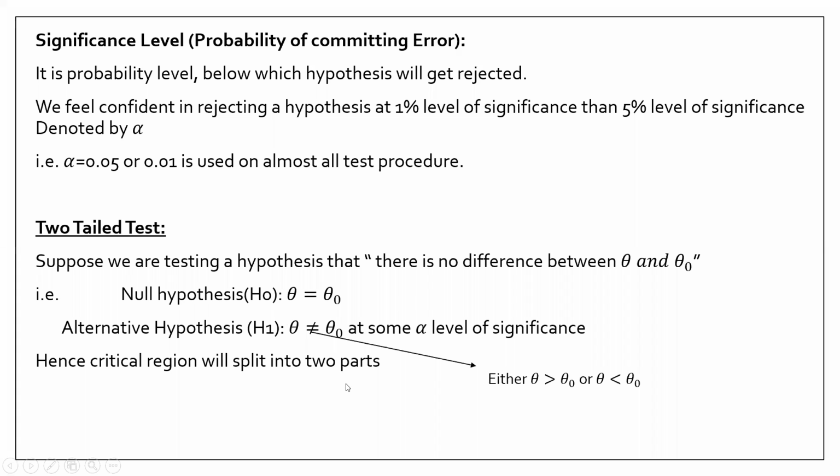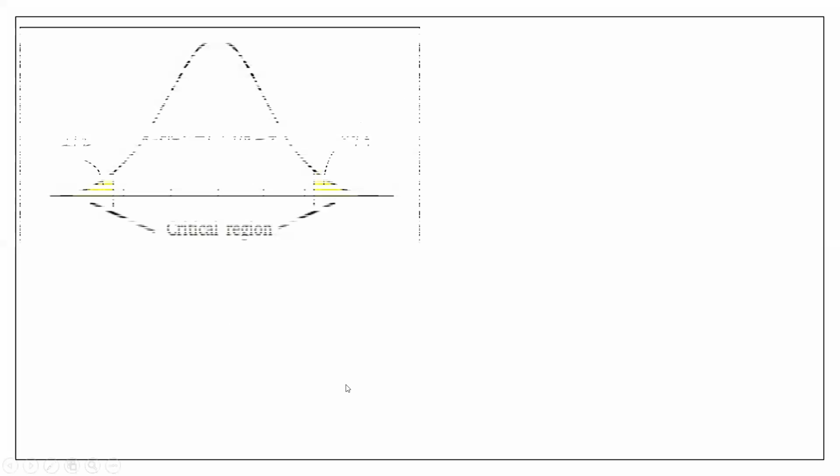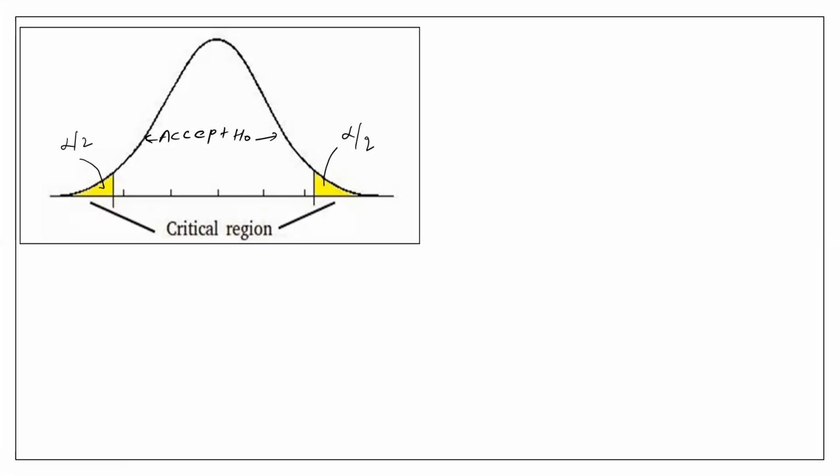So the critical region is split into two parts. How will the critical region split into two parts? If theta naught is in the center here, then your theta will be either less than theta naught or greater than theta naught. So you are considering both the tails.